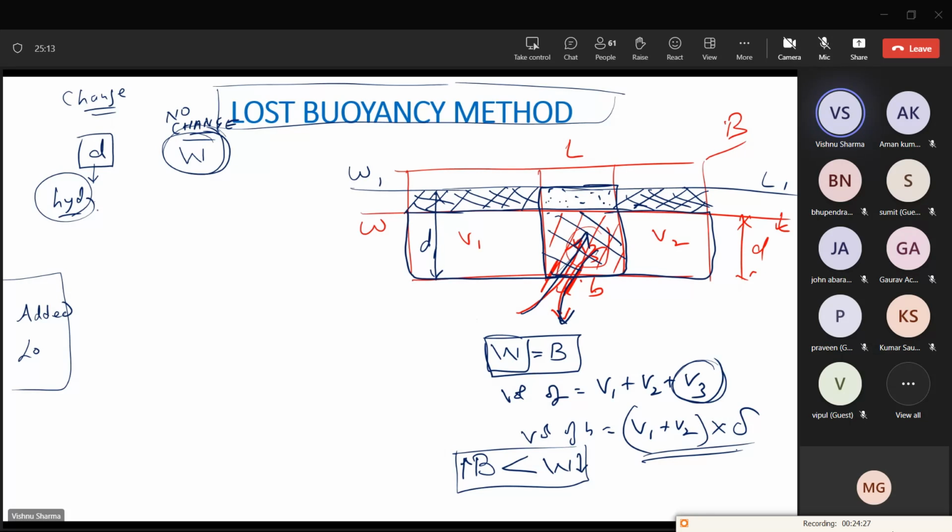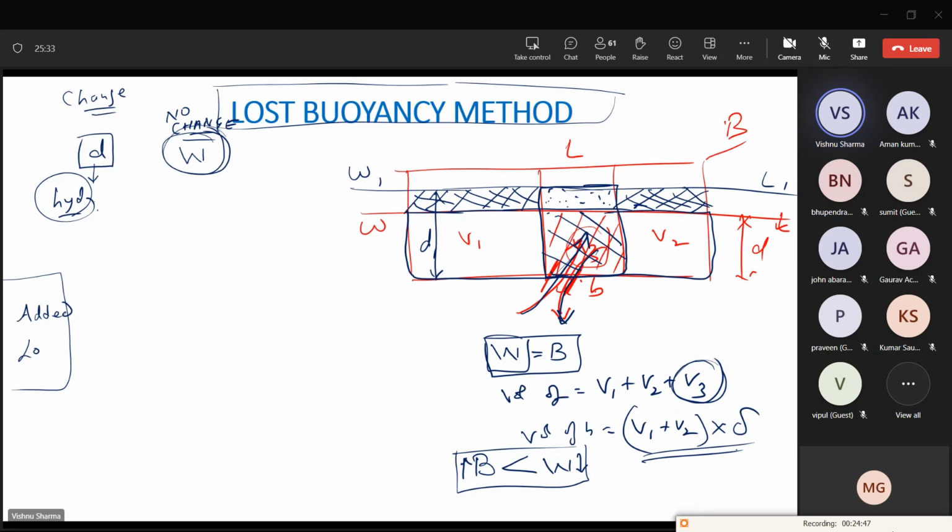Correct, guys? Yes. But in lost buoyancy method, the water does not belong to me, it belongs to the sea. The sea outside has so much free surface, it doesn't bother me. So that free surface does not belong to me.